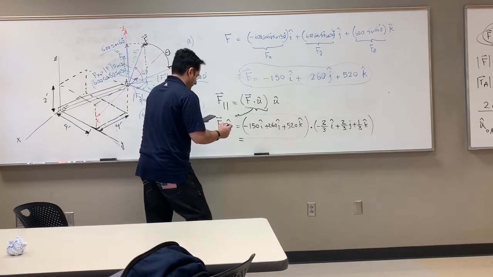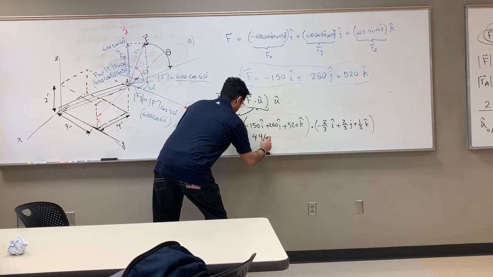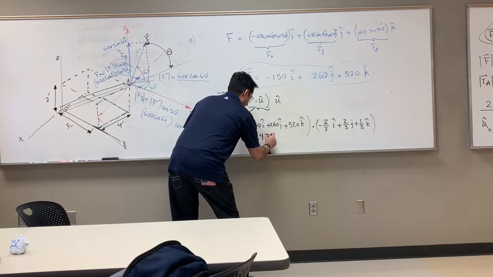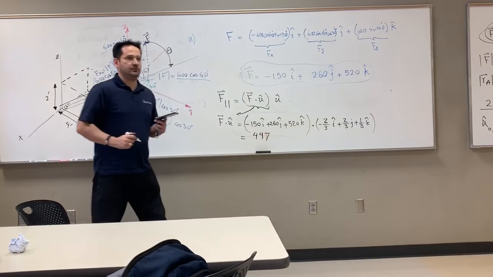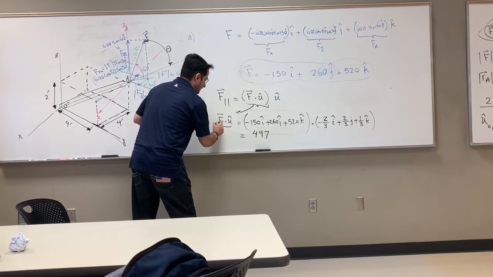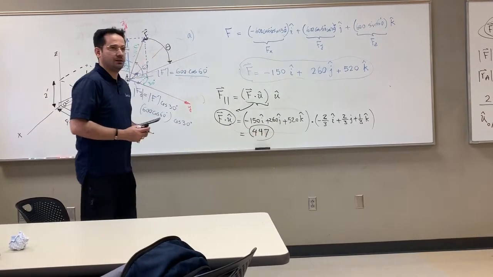So I get 446.7, which to 3 significant digits is 447. Right, that's what I get. So this is 447.